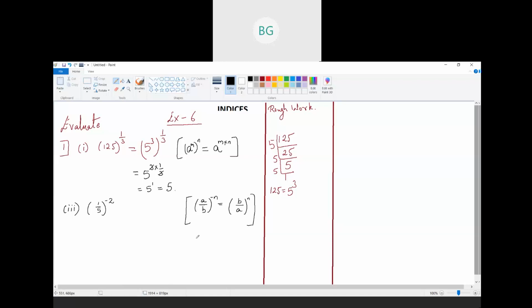So we have to take the reciprocal of the number. So 1 upon 5 will be 5 upon 1, and then minus 2 will become plus 2. If I simplify this further, it becomes 5 square upon 1 square. That is, 5 square is 25, 1 square is 1. So we get 25 upon 1, or 25.